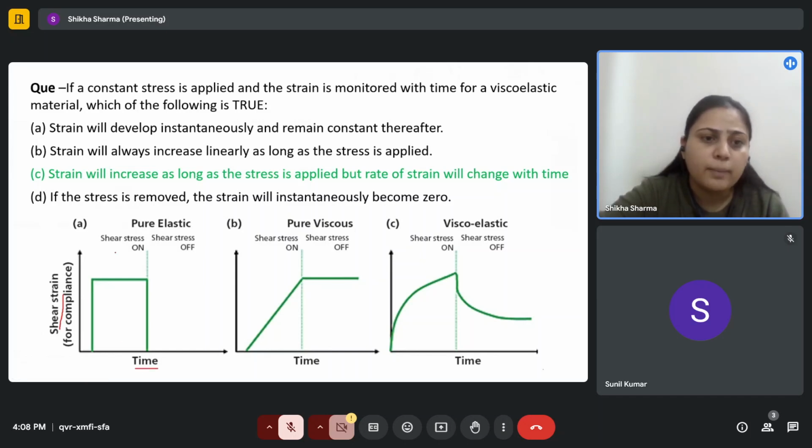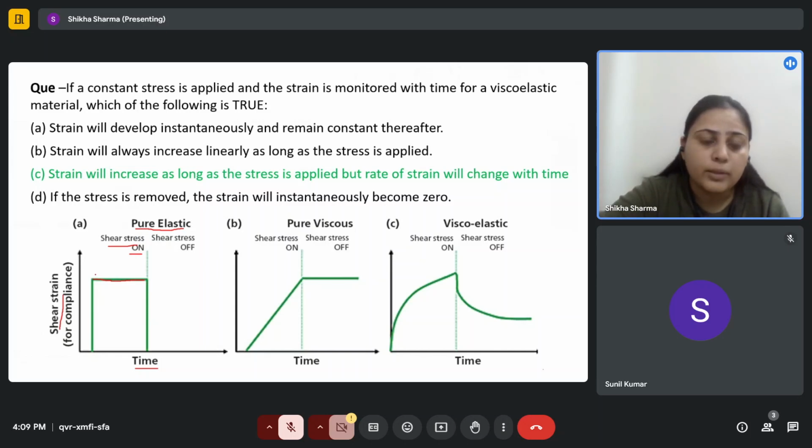So when we are applying the stress, we are putting stress on, right? What is happening in the pure elastic material? As soon as we apply the stress, the strain will be there at that particular time.